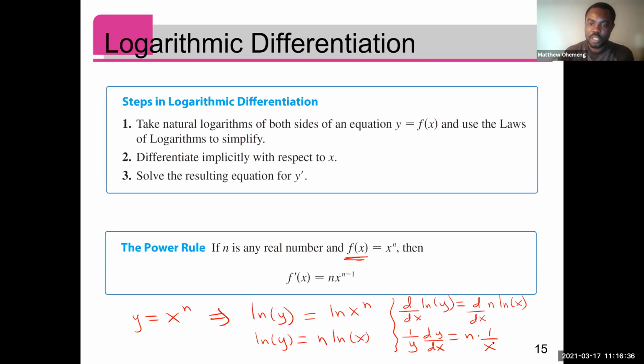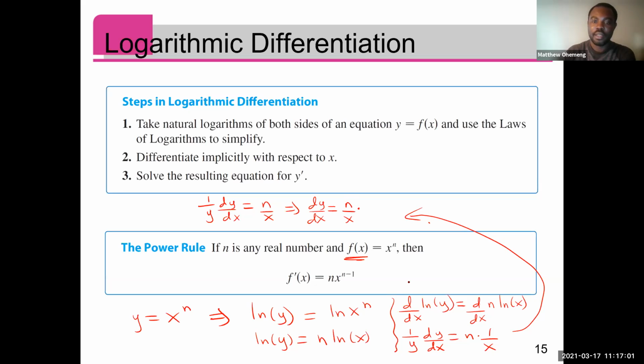So when you get to this part, the derivative of ln of x is 1 over x. You end up with 1 over y dy over dx equal to n over x. But we need to solve for dy over dx, so dy over dx is equal to n over x times y.